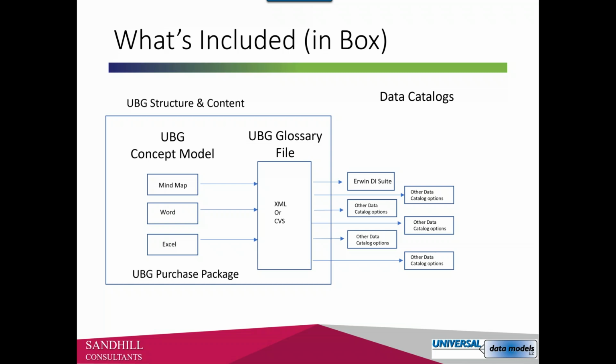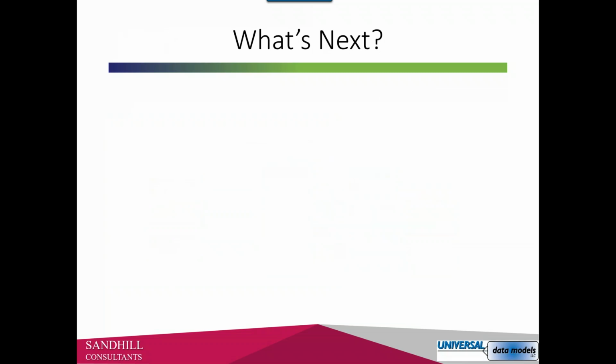We, of course, have used the Erwin data catalog file, a version of the Universal Business Glossary that can be directly imported into the Erwin data catalog if the organization happens to be using the Erwin data cataloging tool. If not, the Excel term definition source file can be used to import to any data cataloging tool.